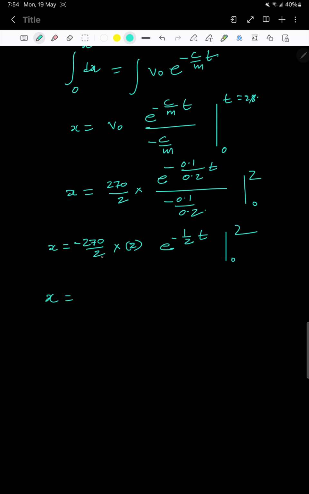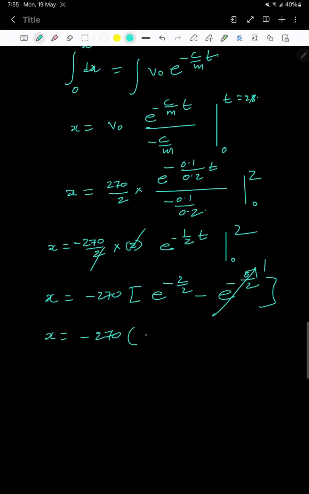So x is equal to, these 2 cancel out, minus 270 times e to the power minus 2 by 2 minus e power minus 0 by 2. E power 0 is 1, so x is equal to minus 270 times e to the power minus 1 minus 1. So x is equal to minus 270 into e power minus 1 is 1 by e, so 1 minus e upon e.